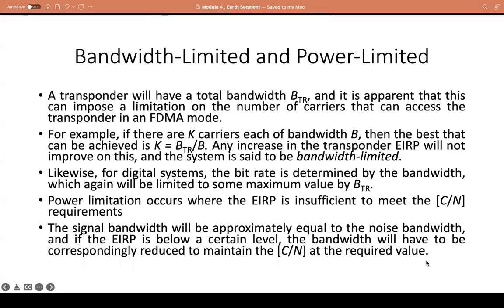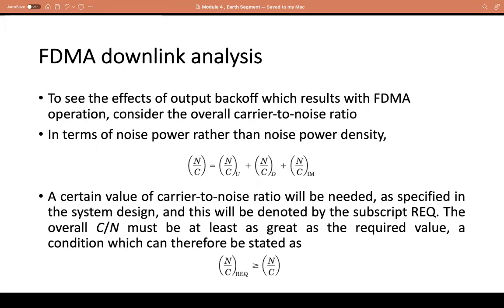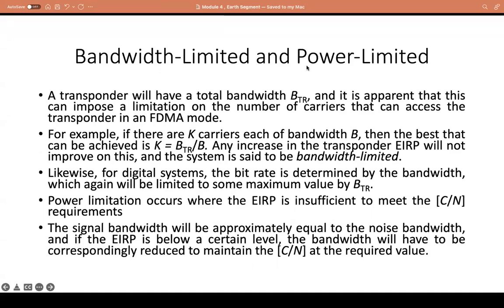So what I'm trying to say is that the EIRP value, C/N ratio, uplink and downlink frequencies, and the gain of the transmitting and receiving antennas are all parameters to be kept in mind for successful communication. In our upcoming class, we will look into FDMA downlink analysis. We'll see a few equations and try to analyze how this actually works.